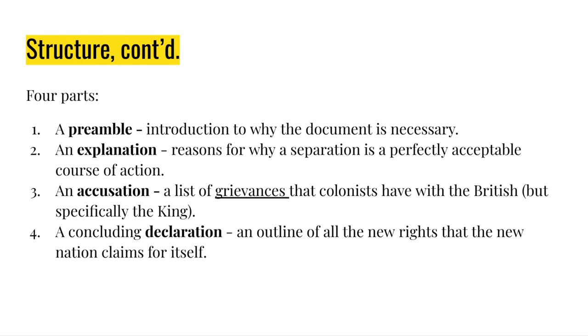If someone ran over your cat by accident, you would obviously have a grievance with that person. The fourth element of the structure is a concluding declaration, where Jefferson outlines all the new rights that the new nation would be claiming for itself. Self-government. We can rule ourselves. That's what that's saying.